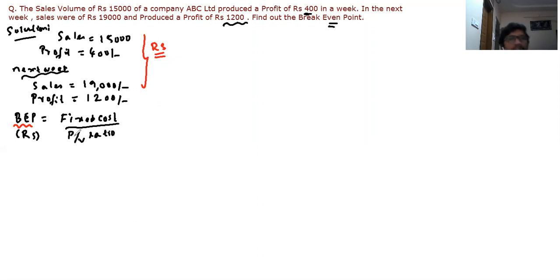Just for 2 minutes, I want to explain the significance of P by V ratio. Generally, P by V ratio expresses the relationship between contribution and sales.